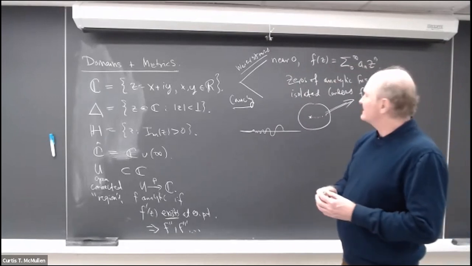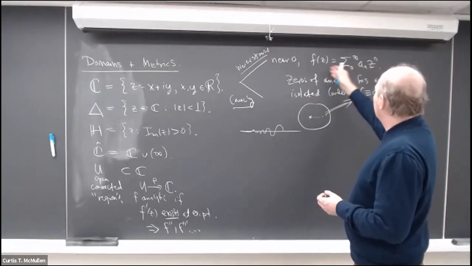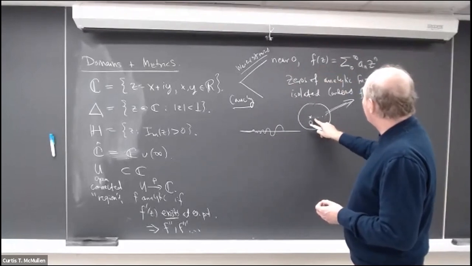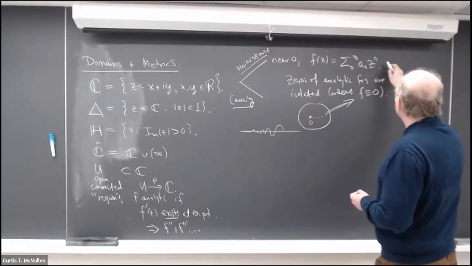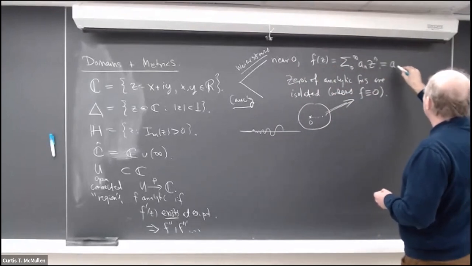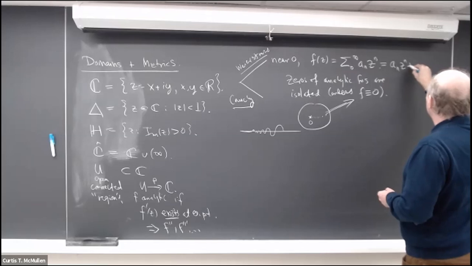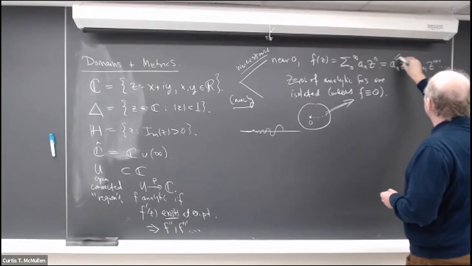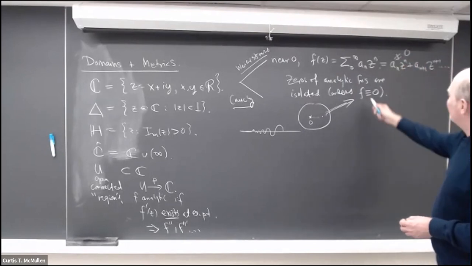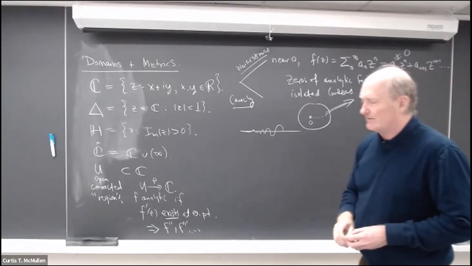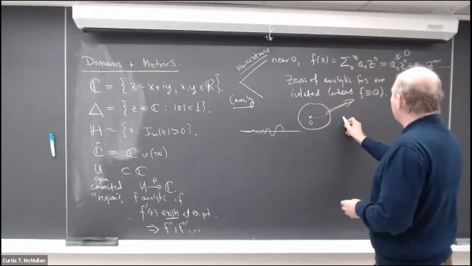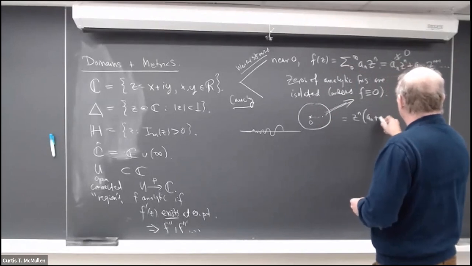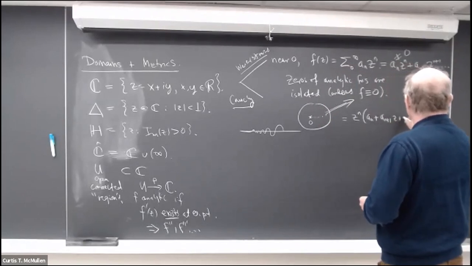And the reason for this, from Weierstrass's point of view, is, well, let's suppose that this point were 0. How do we know there are no zeros nearby? Very simple. We take this function and it starts out as, say, a_n z^n plus a_{n+1} z^{n+1}, etc., where this first coefficient is not 0. If f is not identically 0, there's some non-zero coefficient. And then we can write f as z^n times (a_n plus a_{n+1} z plus etc.).